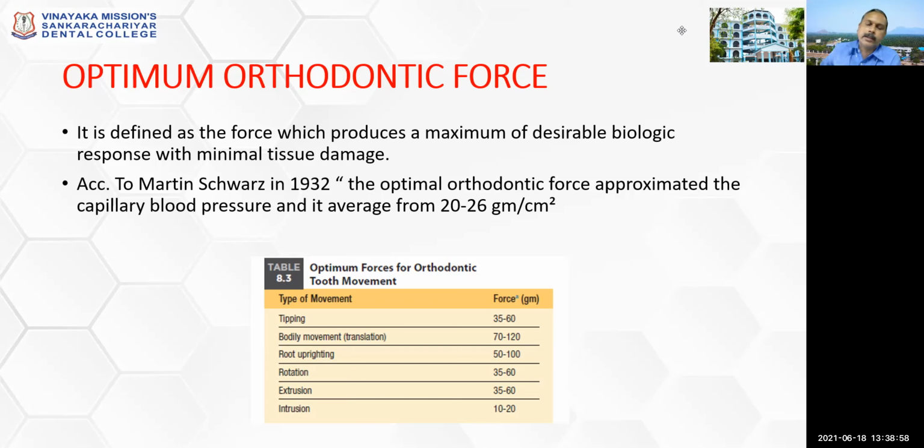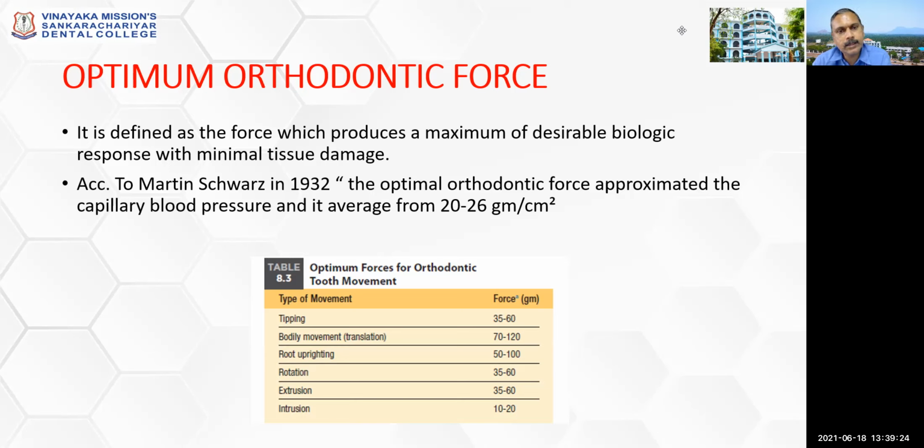What do you mean by that? The capillary blood pressure is the pressure exerted in the capillaries, which are minute blood vessels that you see surrounding the tooth. When you apply a force, the tooth compresses the capillaries around it.